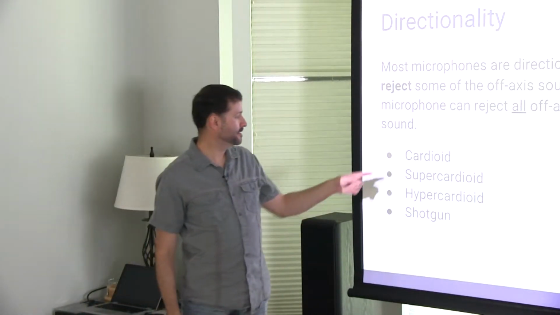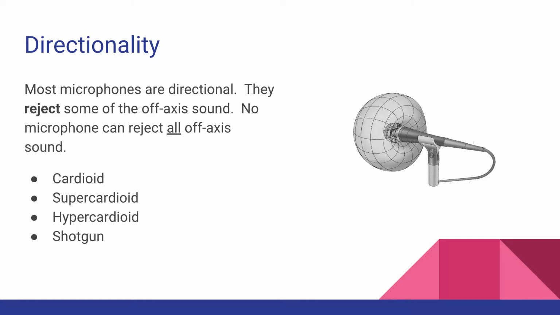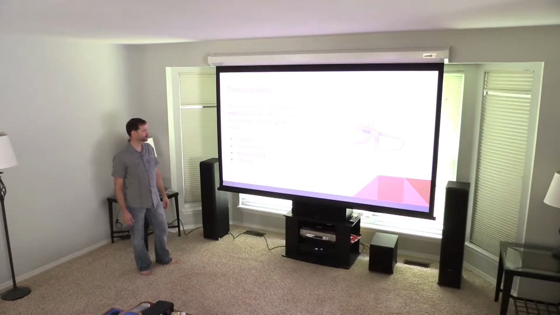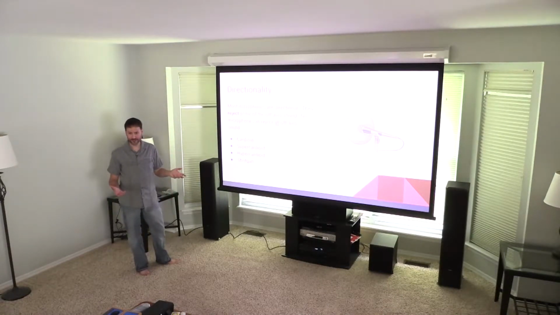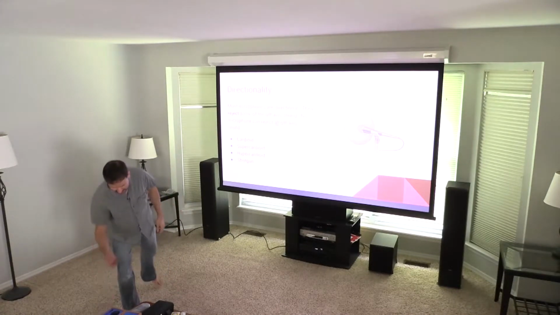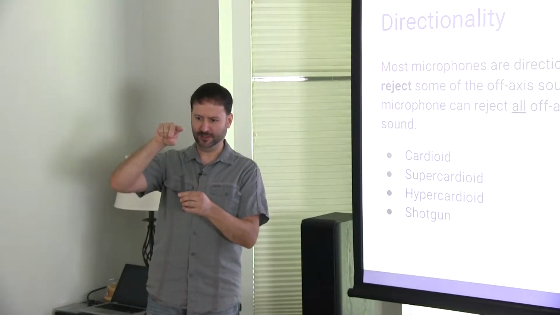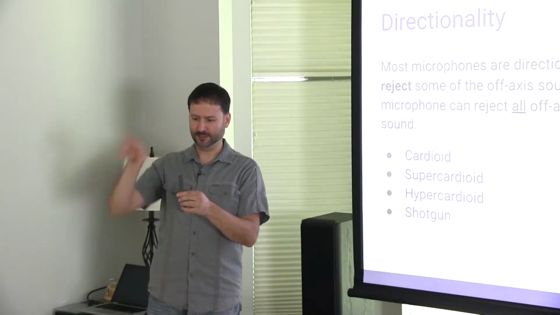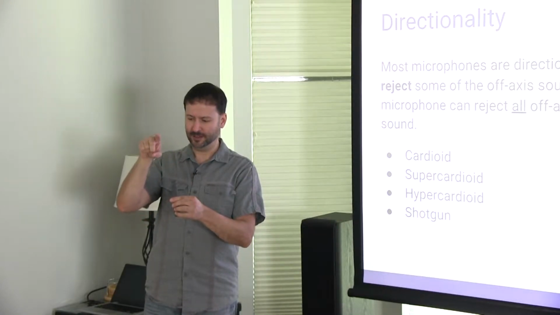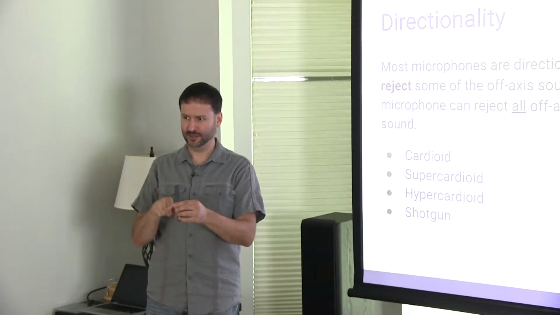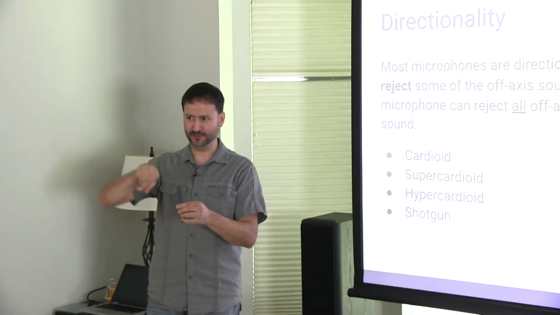So I don't really have a very good drawing. I don't know why I didn't put it on here, but I don't have a very good drawing of how these rejection patterns are normally shown when you look through the literature of a microphone. But normally they're depicted from the side. So if the microphone is, say, upright like this, then it'll be a graph that shows a circle, and the closer the line is to the microphone, basically it's suggesting how much rejection there is from that direction.